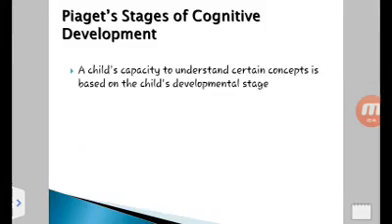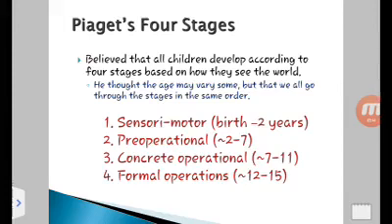So, these are Piaget's stages of cognitive development. According to him, a child's capacity to understand certain concepts is based on the child's development stage, and there are 4 stages. He thought the age may vary for some children, but they will all go through the stages in the same order.